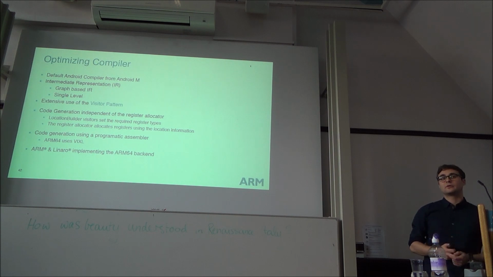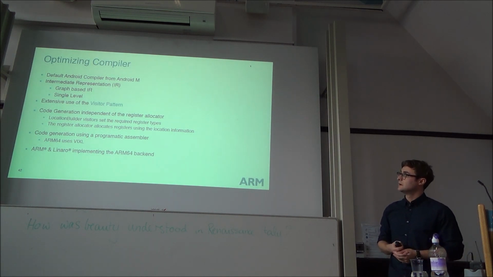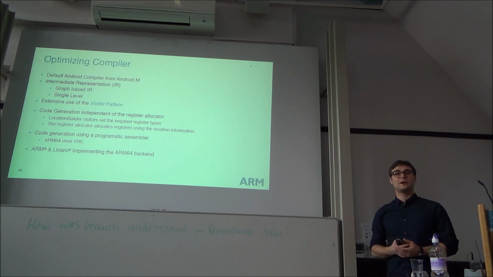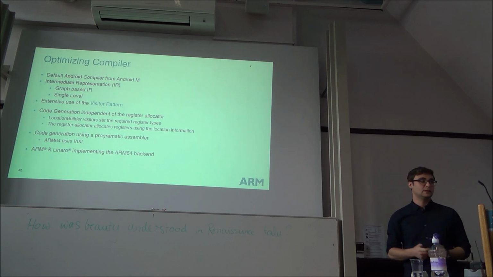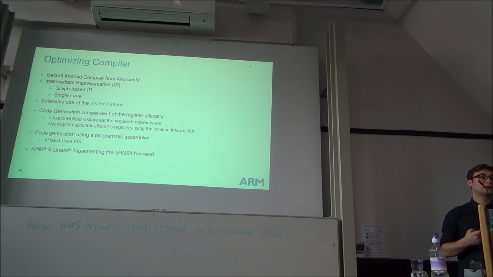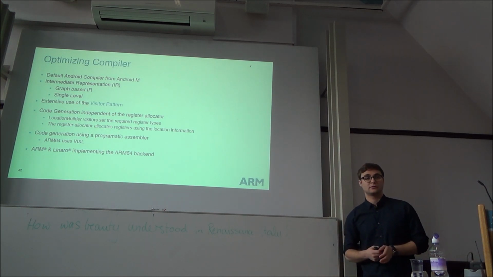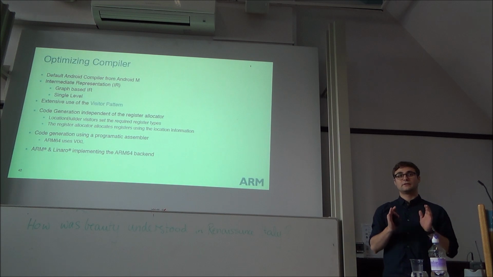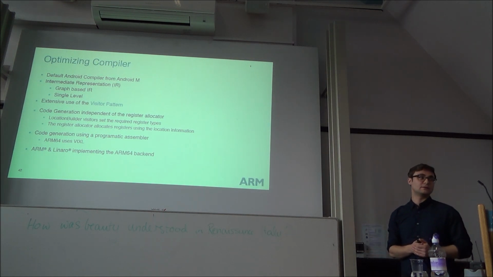This is what I've been focusing on for the past year and a bit, maybe a year and a half. It's called the optimizing compiler. It's the compiler that comes with ART. Basically, this compiles your DEX classes to native code. It has a single level IR. IR stands for intermediate representation. Usually your compiler basically speaks and generates code based on the intermediate representation.